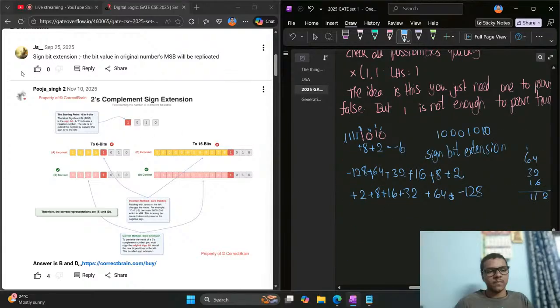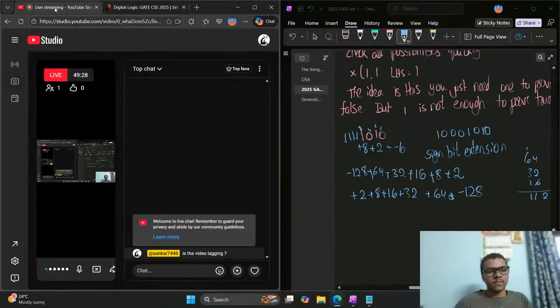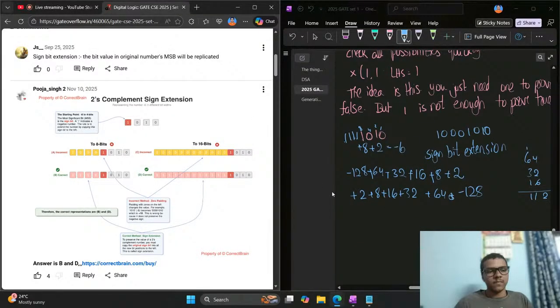I mean, sign bit extension is already a broad concept, so why are we working on this? 64, 32, 16. That is 122 minus 6. Yes. Just a question on sign bit extension was asked out.